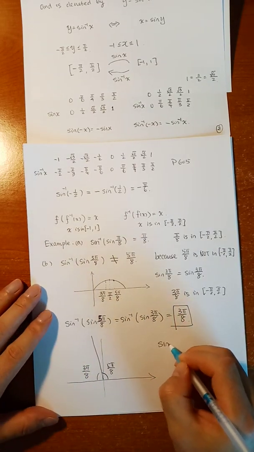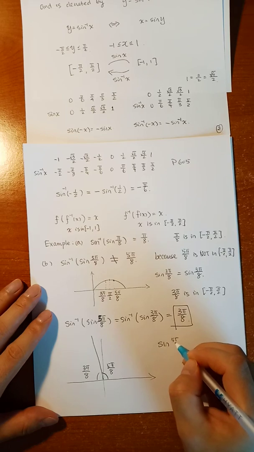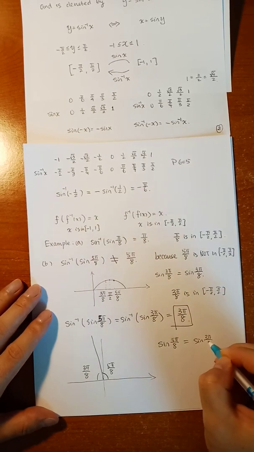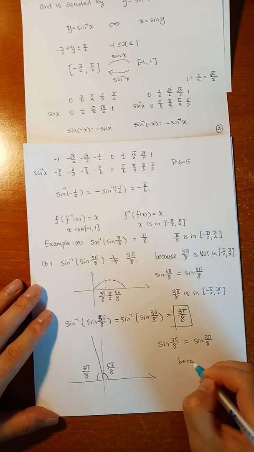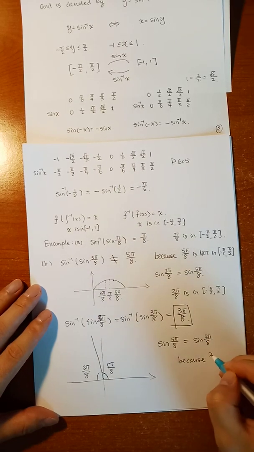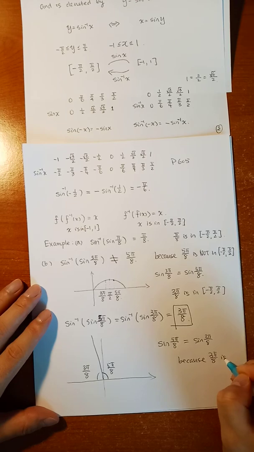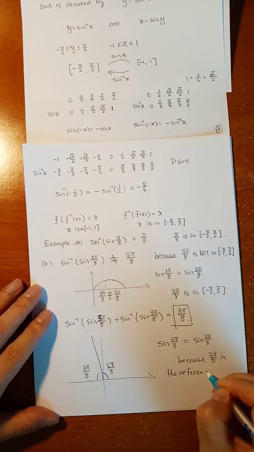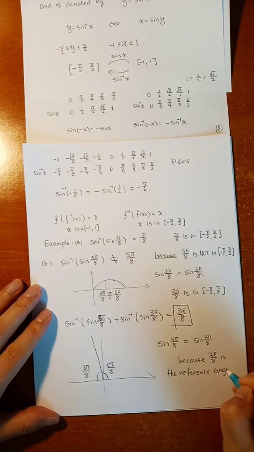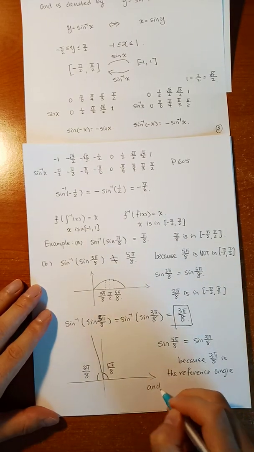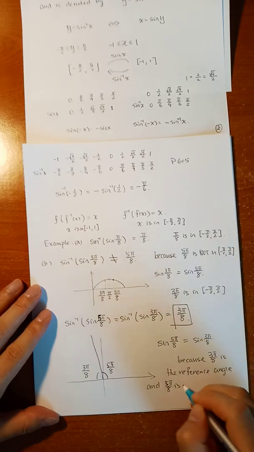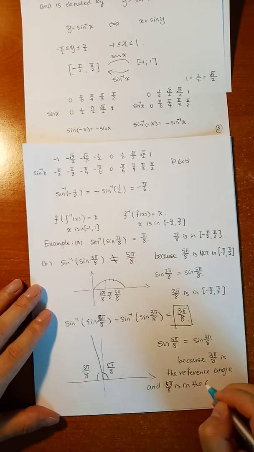Remember that sine 5 pi over 8 is equal to sine 3 pi over 8 because 3 pi over 8 is the reference angle and 5 pi over 8 is in the second quadrant.